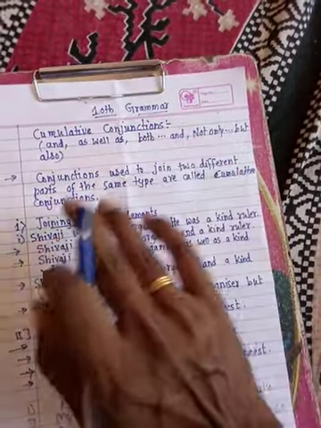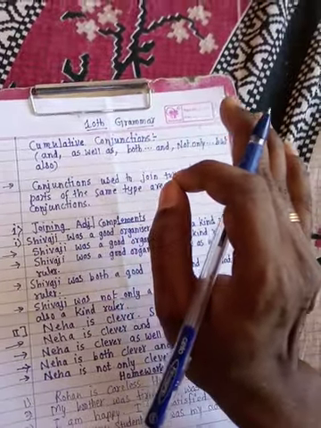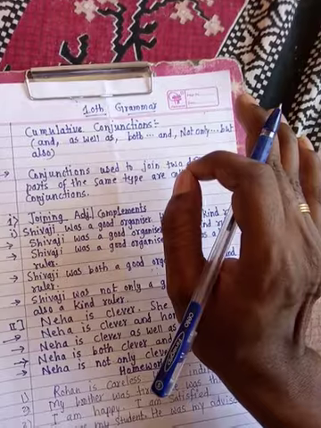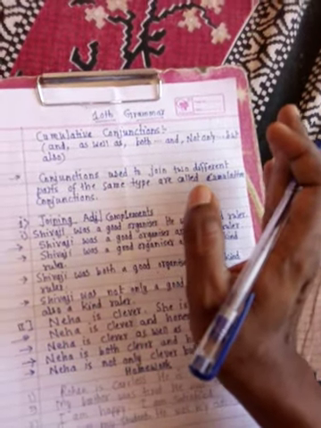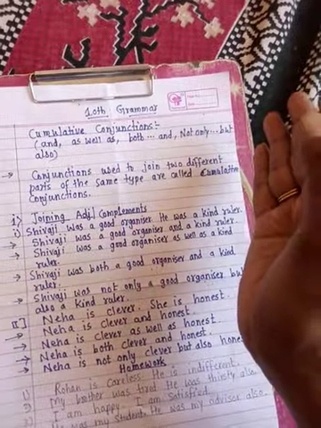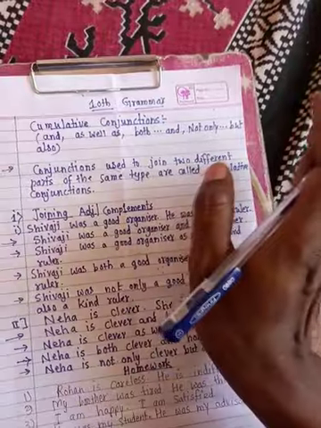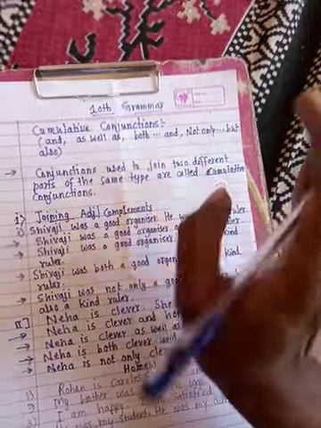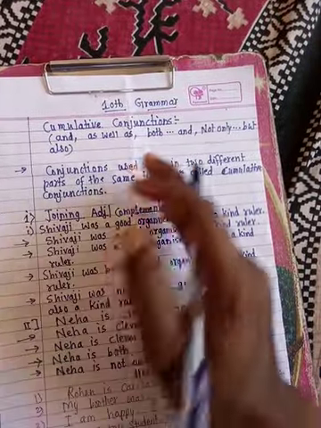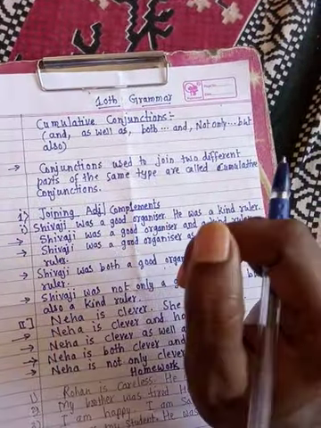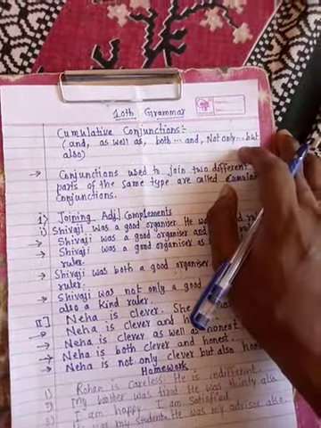These conjunctions join two different parts of the same type. I repeat, the same type. Hence they can be used to join two complements, two adjectives, two adverbs, two verbs, two subjects, or two objects. In this video we'll talk about how to join adjectives and complements, and the next part we'll study in the next video.